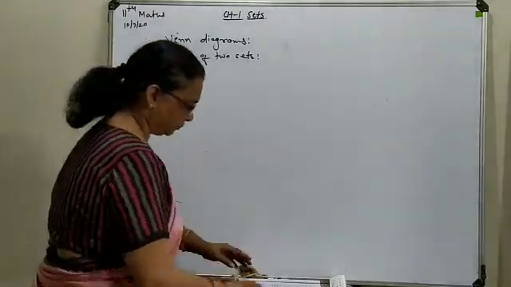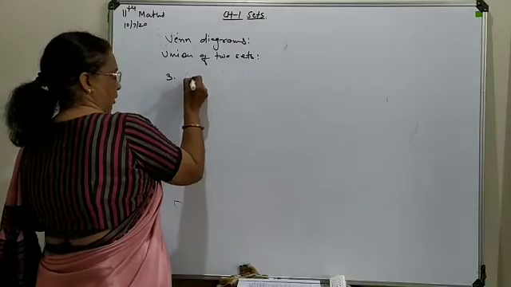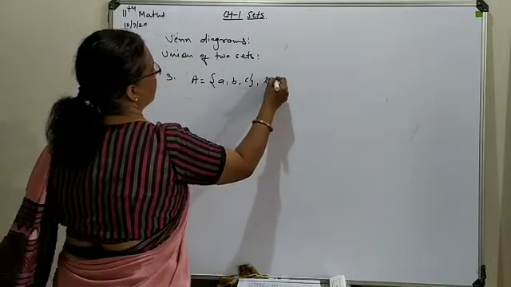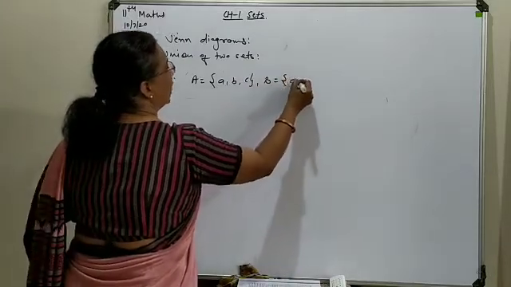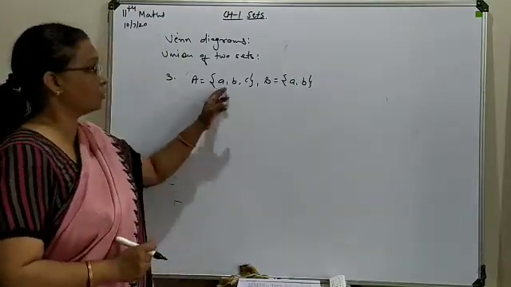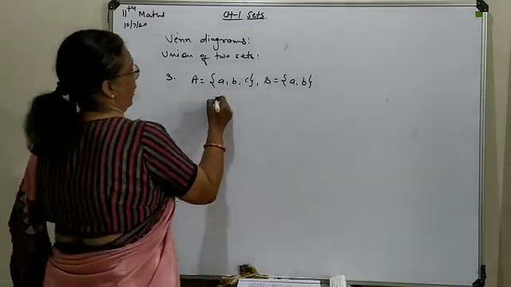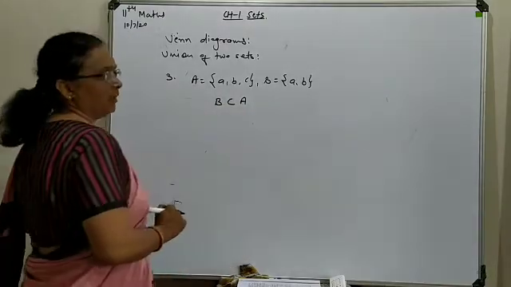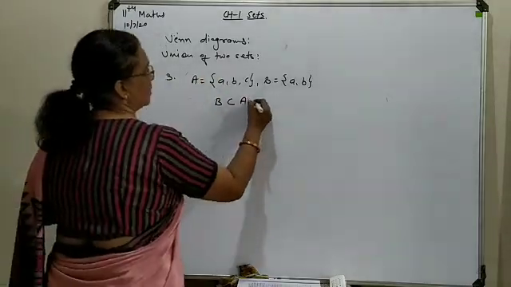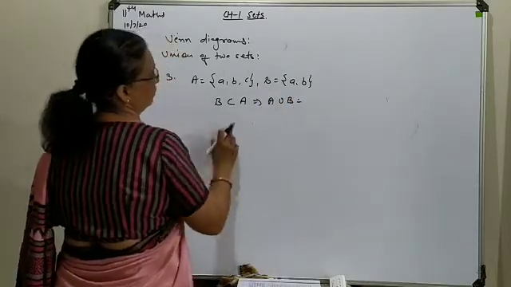Third case: when A is available as A, B and C, whereas B is available with the 2 elements, that is A and B. Here if you look at the elements of these 2 sets, you can say B is a subset of A. In this case, if you want to write A union B as an answer form, what will it turn out to be?